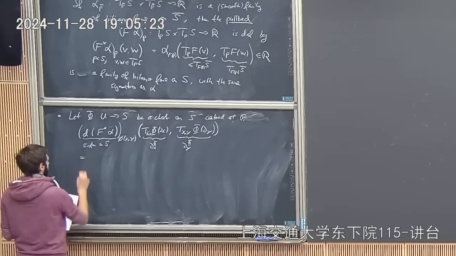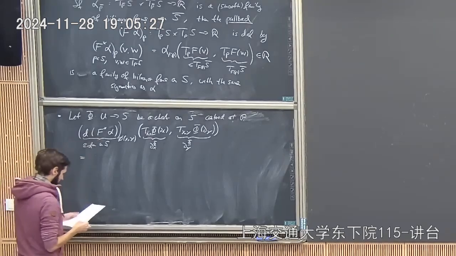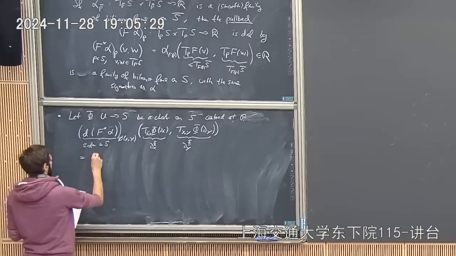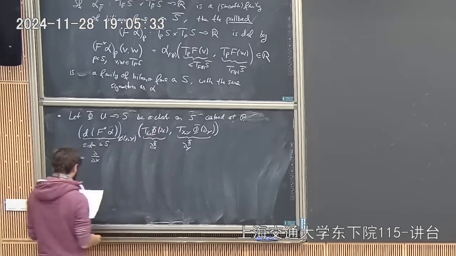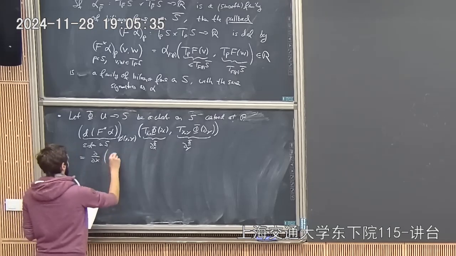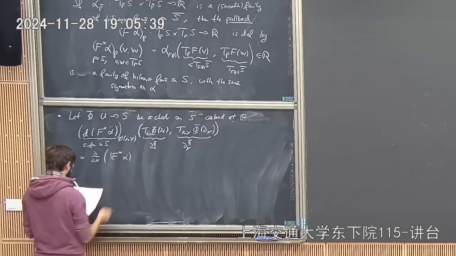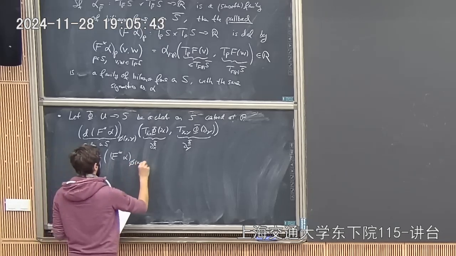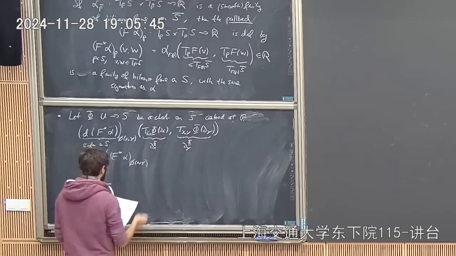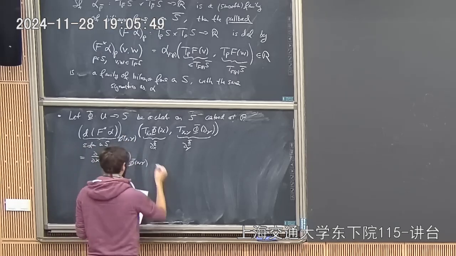And now we can use the definition of D, which was that if you calculate it in coordinates, we take the 1 form that we want to evaluate and plug in at the point phi.